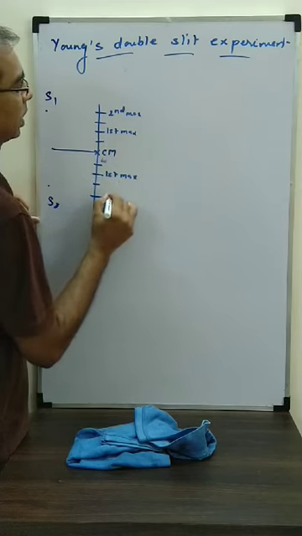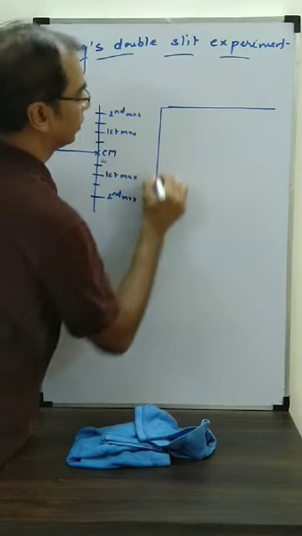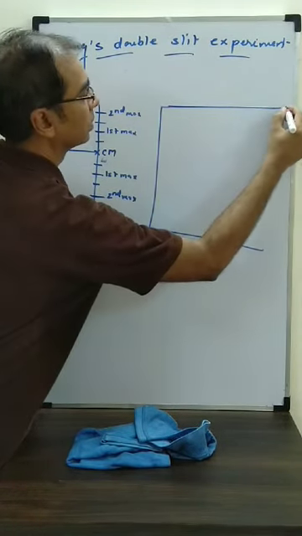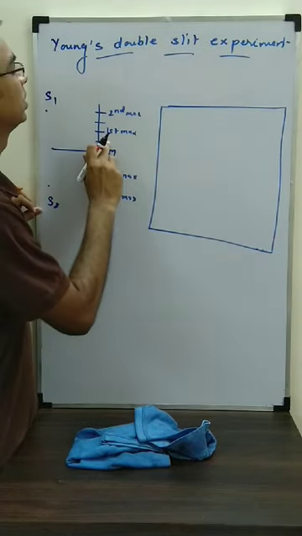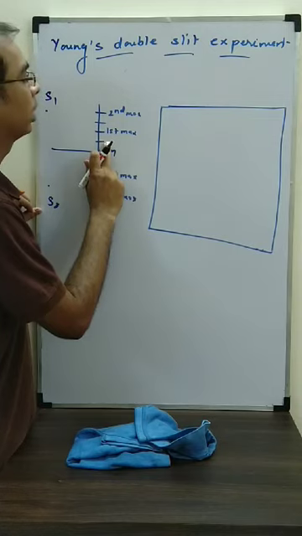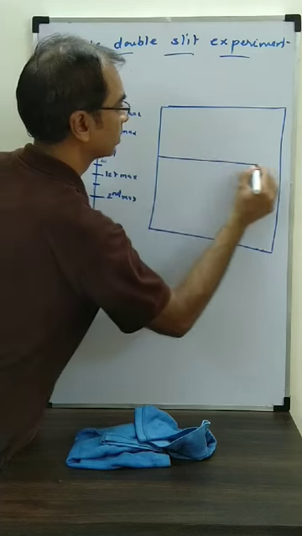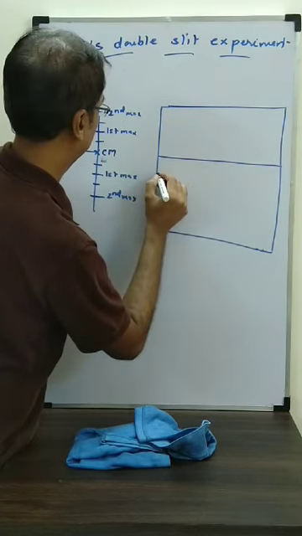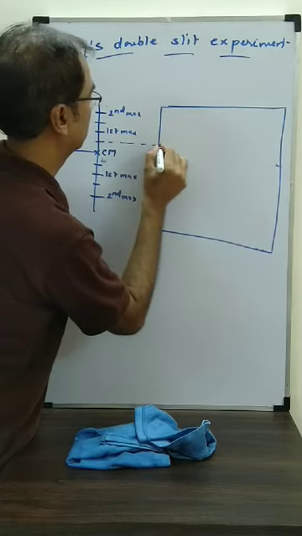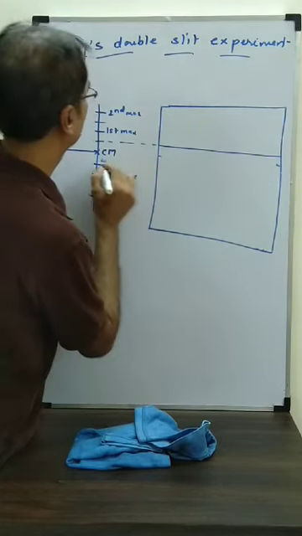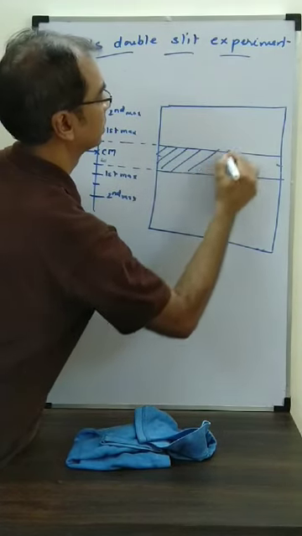So how will the interference pattern look on the screen? This is the central maximum, this is minimum. The maximum will appear to you like this.